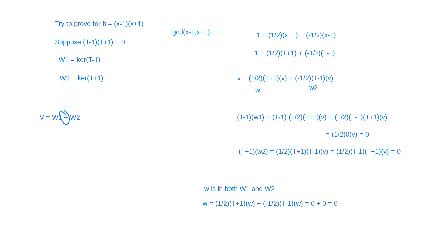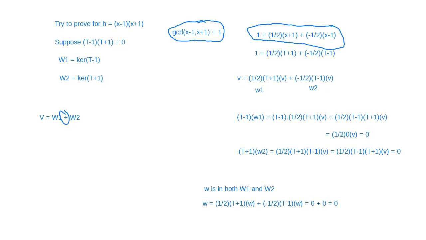Okay, and in order to execute all these details, what we really needed was an equation like this. And this equation follows from the fact that the GCD of the two polynomials is 1.